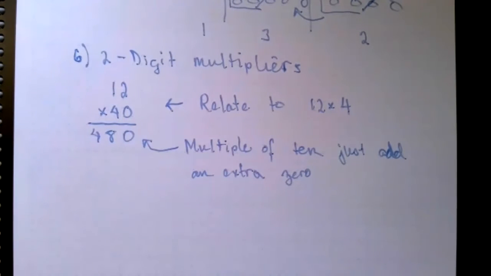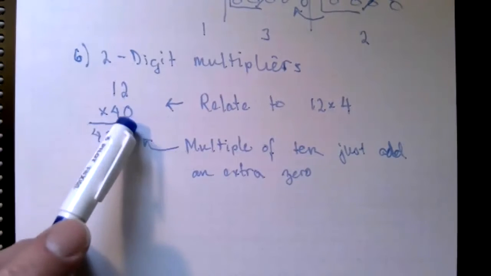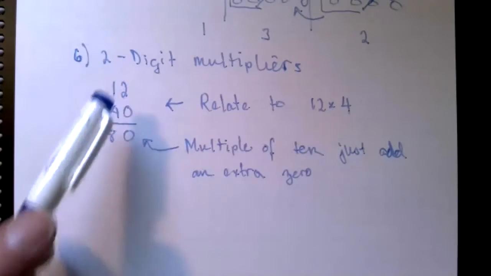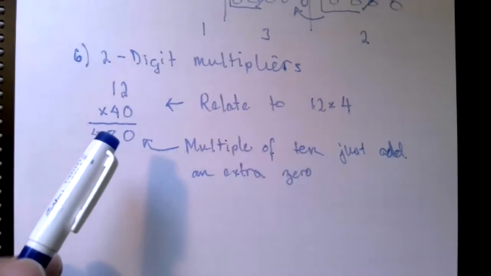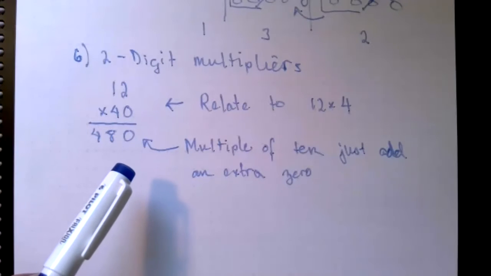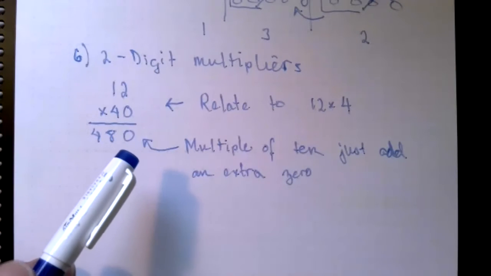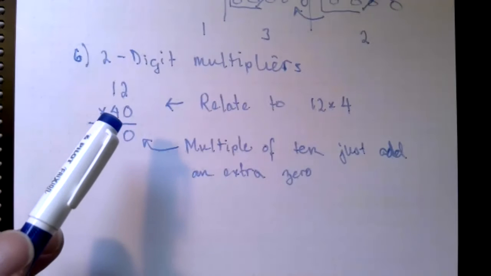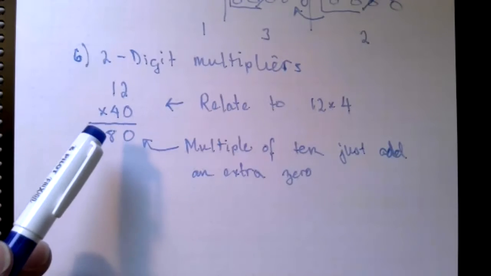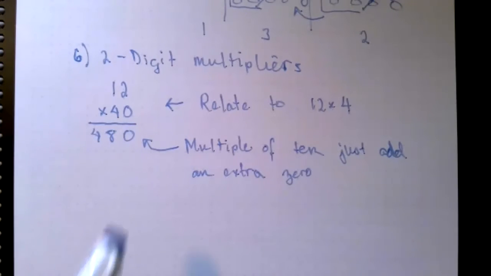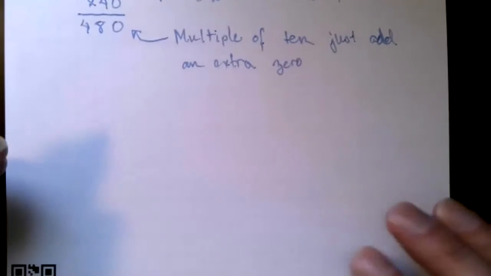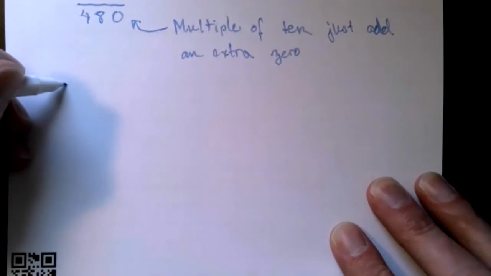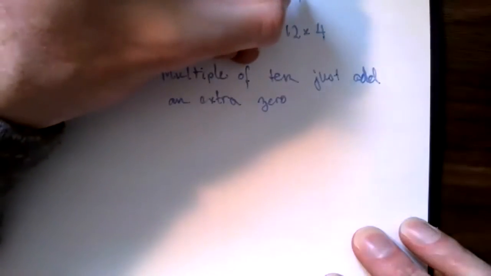So this first stage of 2-digit multipliers will just be building on to the 1-digit multipliers that we can already do. And the idea is, well, you're just leaving the ones tray empty. And then what you do is you work this kind of combined. So 2-digit multipliers part 1.